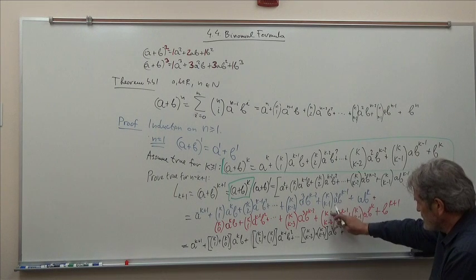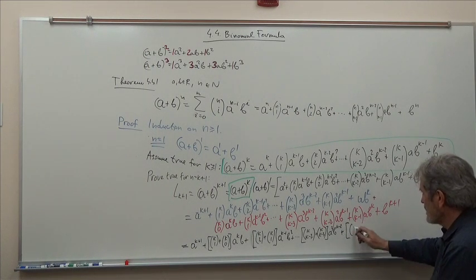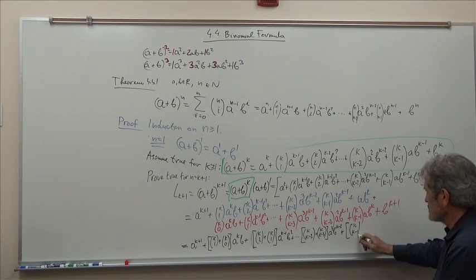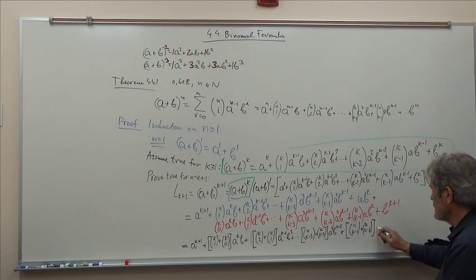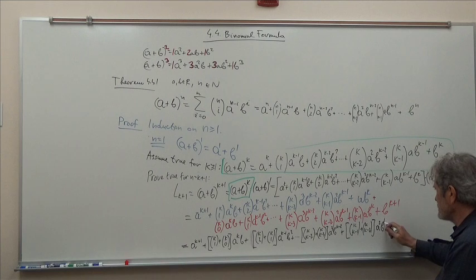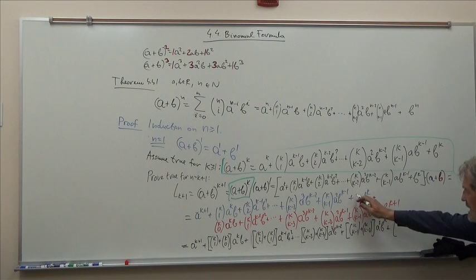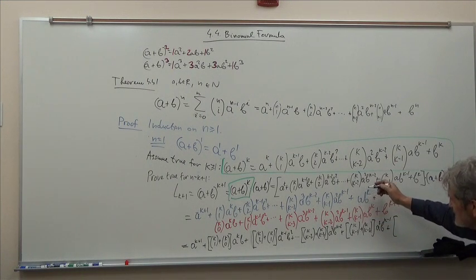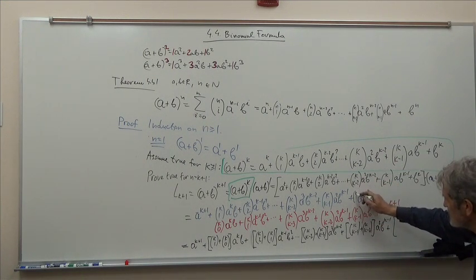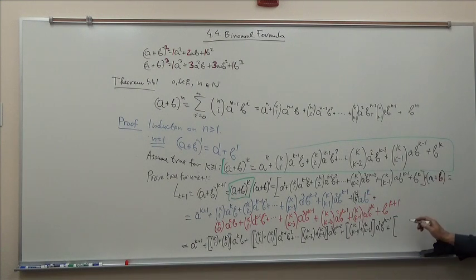Plus, now these two, k choose k minus 1 plus k choose k minus 2, a squared b to the k minus 1, almost there. Plus this guy has nothing, but I can write it as what? K choose k, because that's 1.